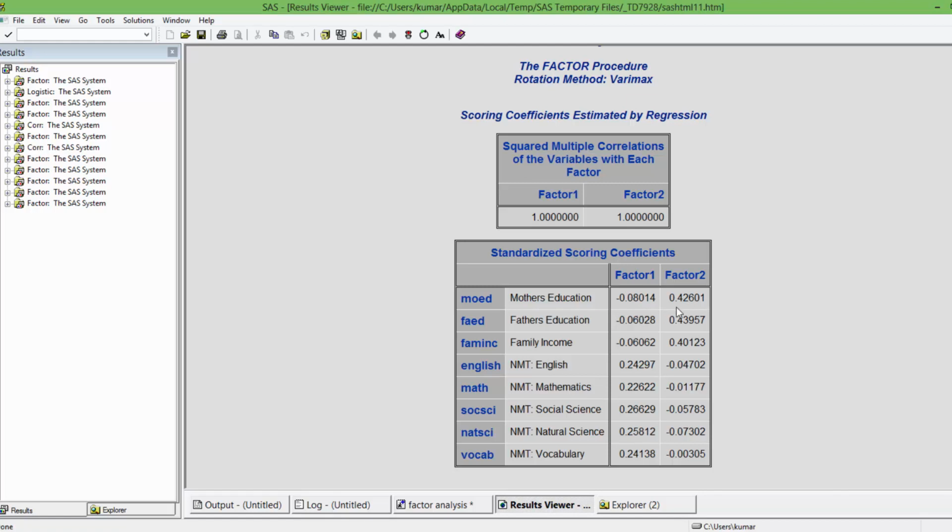It's clearly seen that factor 2 is the one more related to mother's education. Similarly, the second variable, father's education. Clearly it is seen, there is no confusion at all. There is a very high distance between the factor loadings for father's education. Similarly, for all the variables you can see.